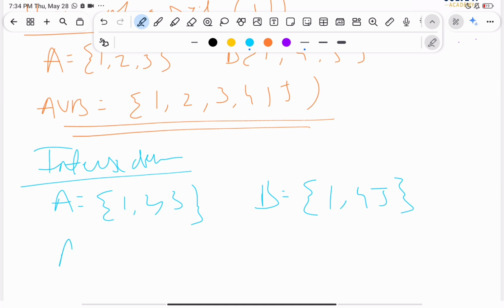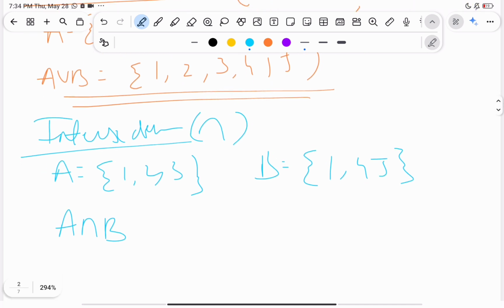Intersection of sets, A intersection B, is denoted by an inverted U. A intersection B will be equal to the common elements in both the sets A and B, which is 1. I think intersection and union are clear for you. If that is clear, we will move to difference of set.